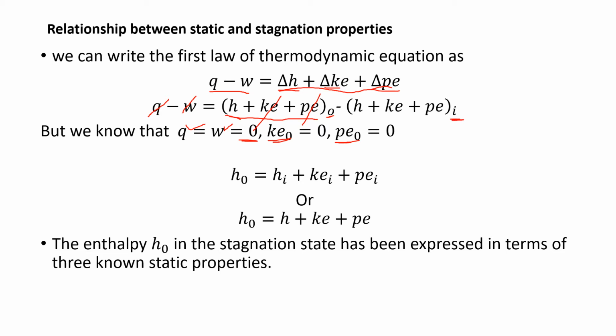That expression is written here: H naught is equal to static enthalpy plus static kinetic energy plus static potential energy. Usually we drop the suffix i for the static properties, and we can write the expression as H naught is equal to H plus KE plus PE. From now onwards, wherever we write H, it means static enthalpy unless suffix 0 is written. If H naught is written, then it means that it is a stagnation property.